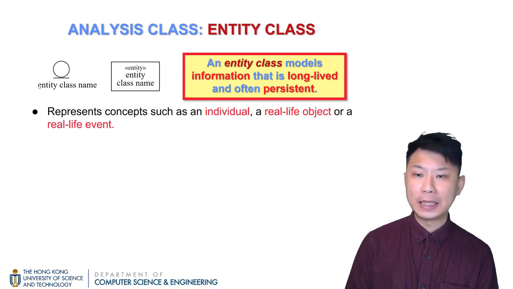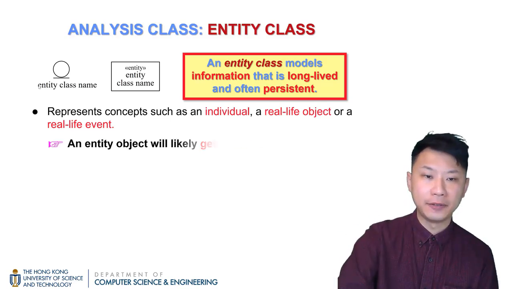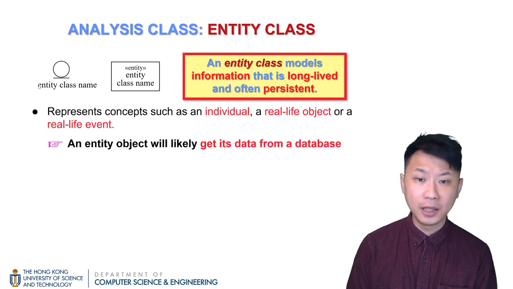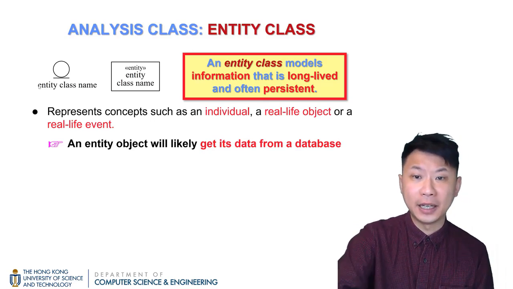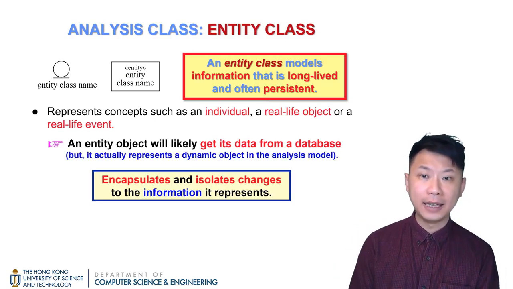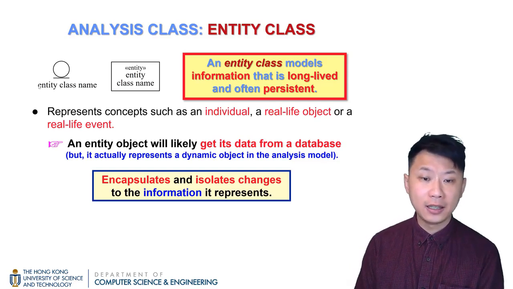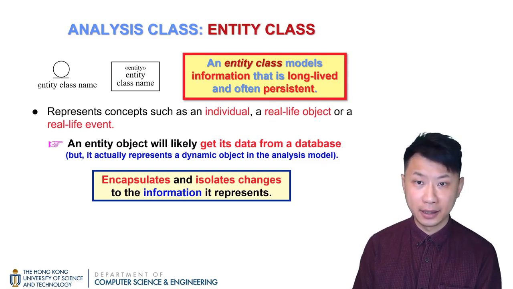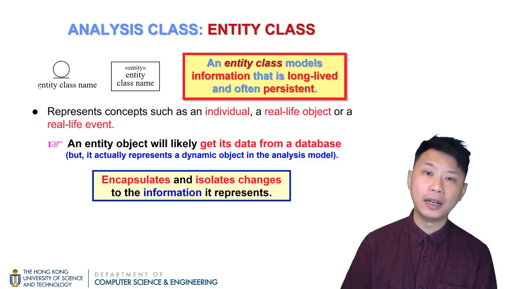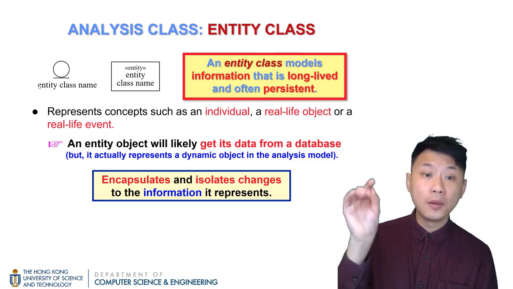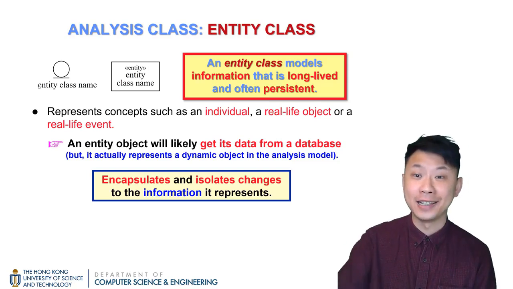And an entity object will likely get its data from a database. And why do we want to have entity class? Because we try to encapsulate and isolate changes to the information it represents. So if we want to modify some information on the system, we simply have to modify entity classes.